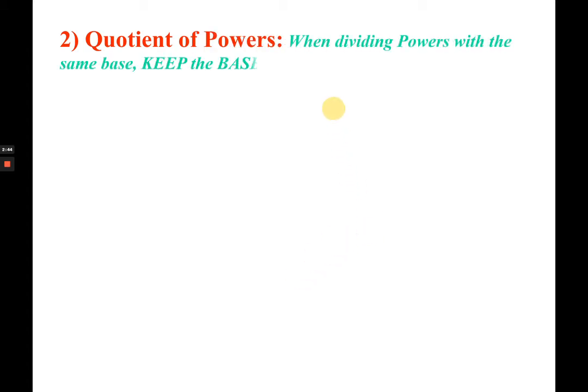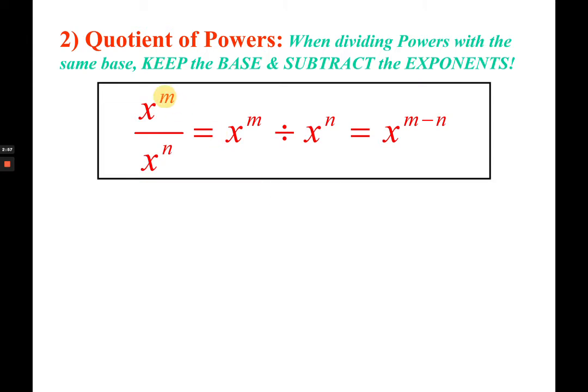Now let's have your second law. You have quotient of powers. When dividing, the first one was multiplying. When you are dividing powers with the same base, you keep the base, but you subtract the exponents. Here's your guide. Here's a fraction form of division, and you have your arithmetic form.